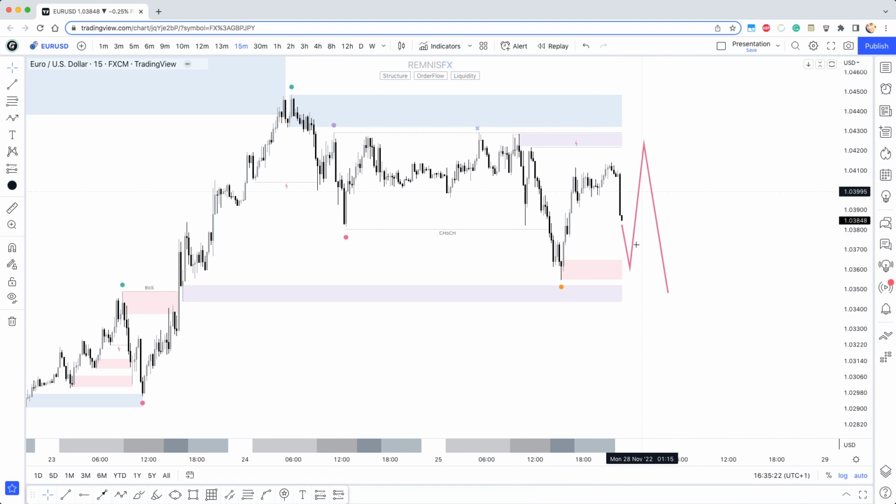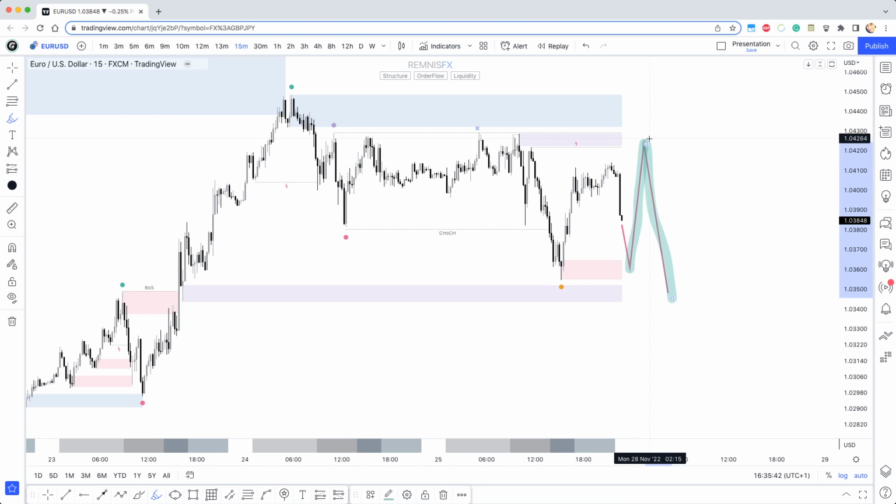But yeah, you can profit from this move here, and perhaps also this move here. And after price comes here, you get out, wait, and read the price action on the lower time frame.